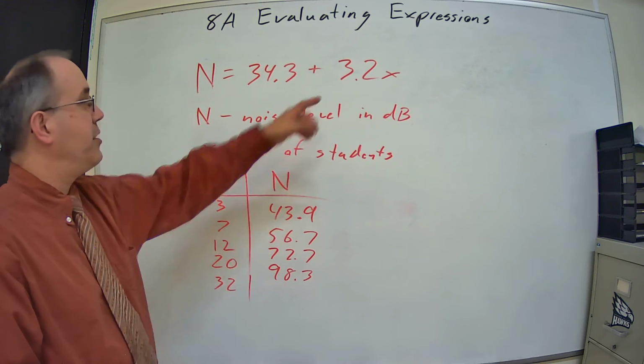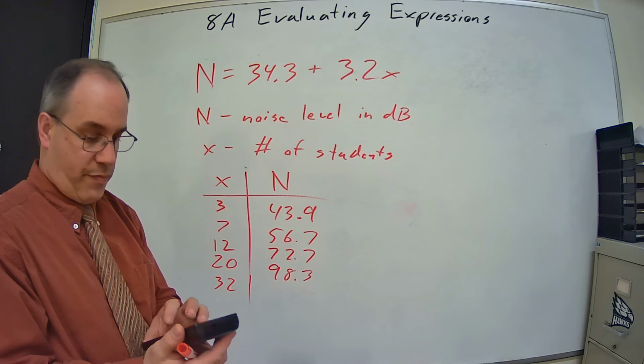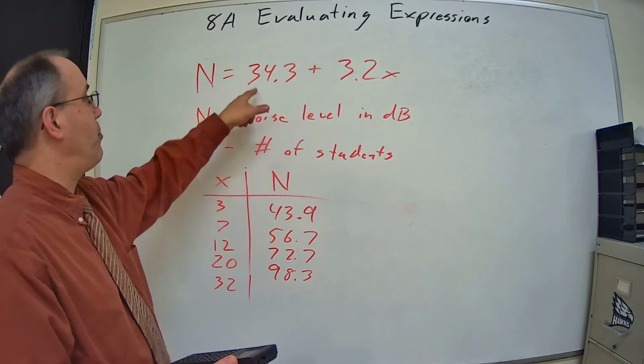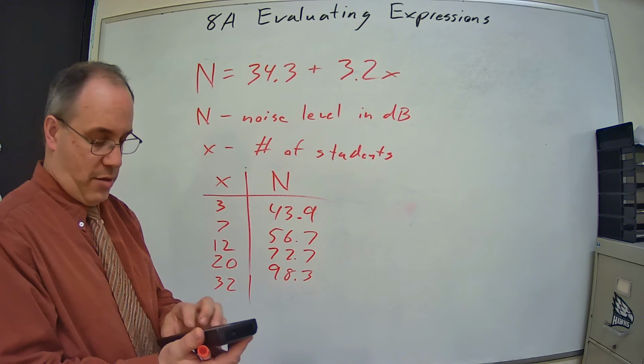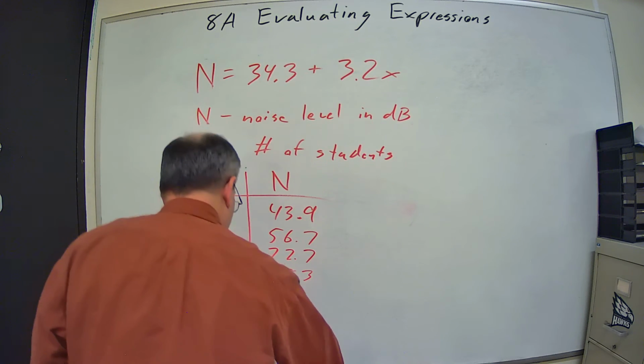And then if we have 32, 3.2 times 32, 102.4 plus 34.3 gives me 136.7.